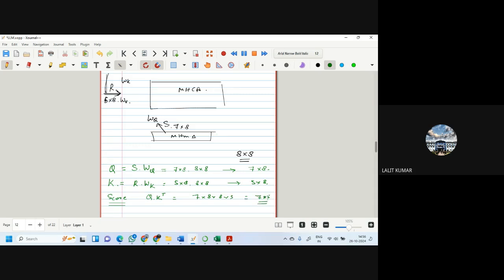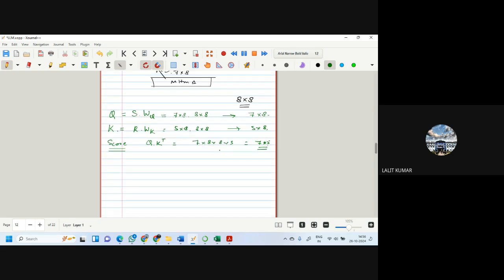So here, if your T1 and T2 are different, the attention matrix might not be a square matrix. Here the attention matrix will be softmax of score over root dk, so again it will be 7 into 5. And now you get the output.